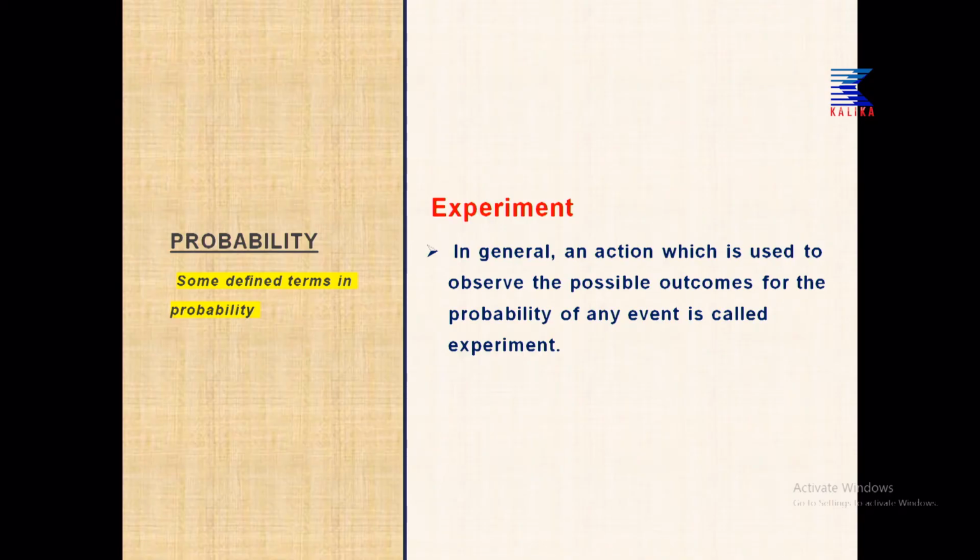In general, an action which is used to observe the possible outcomes for the probability of any event is called an experiment. So, look at me now, please look to the board.